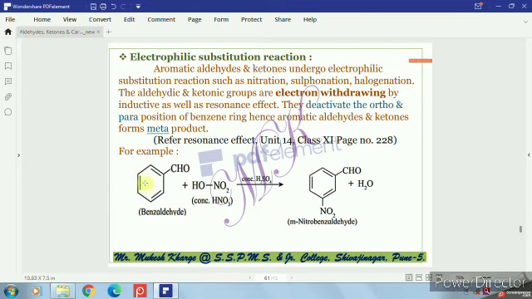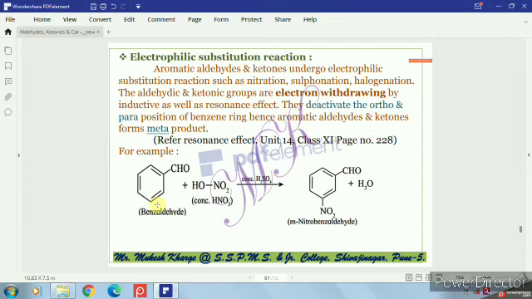So these positions are meta positions, so they are electron rich, and that's why your electrophile, which is an electron deficient species or reagent, will attack on these electron rich positions.